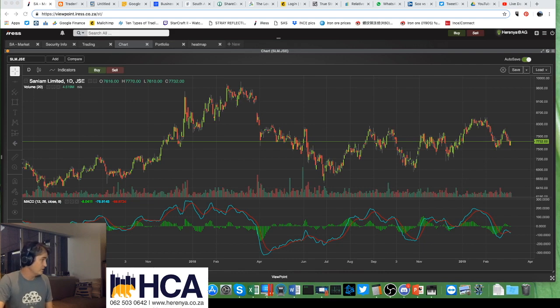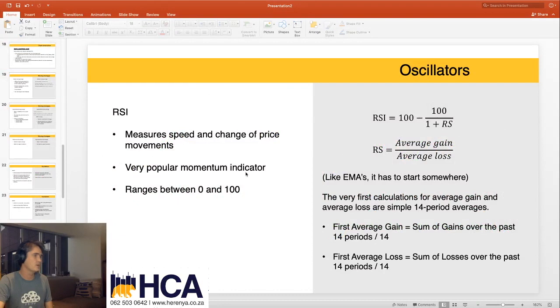Okay, right, so we're going to move on from the MACD to the RSI. We looked at how to calculate an RSI. So RSI is basically 100 minus 100 over 1 plus RS. RS is calculated as average gain divided by average loss. We did a whole spreadsheet on this.